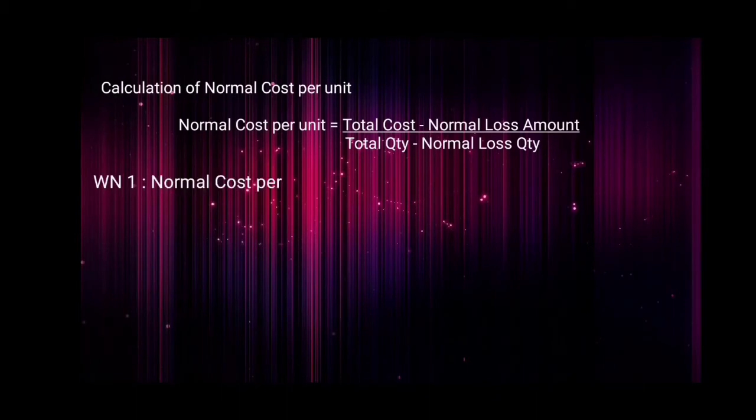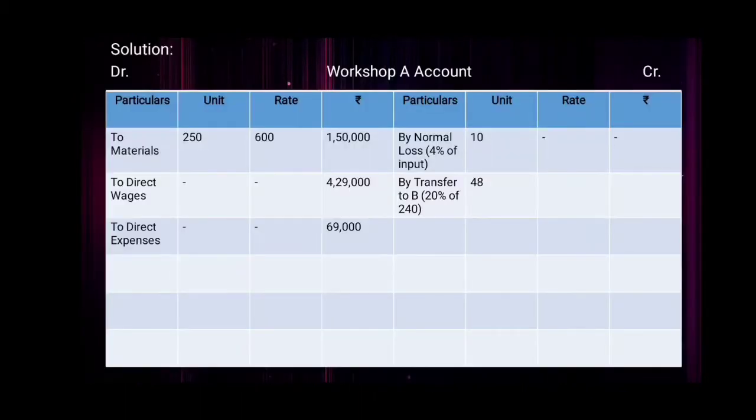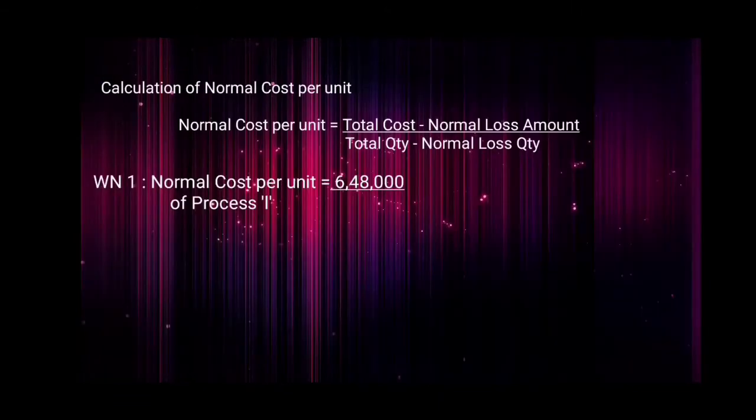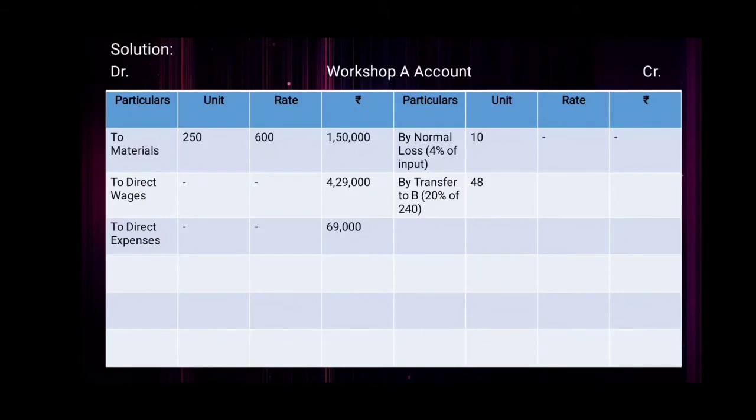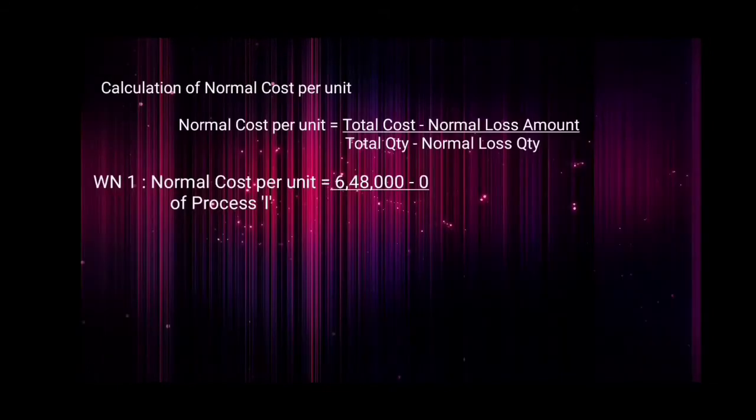Normal cost per unit of process 1 is equal to total cost, which will be 1 lakh 50,000 plus 4 lakh 29,000 plus 69,000, which will be 6 lakh 48,000, minus normal loss amount, which is nil, 0, divided by total quantity.